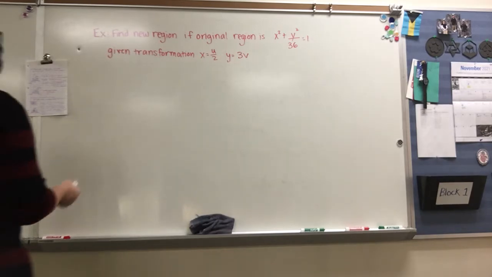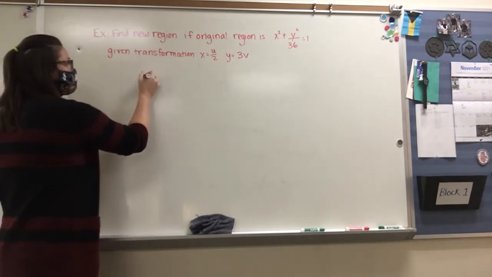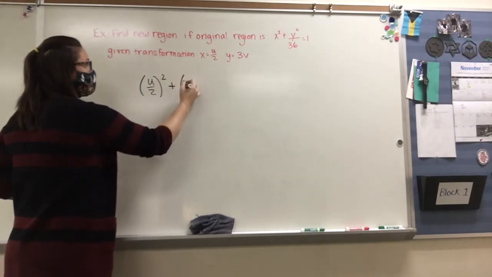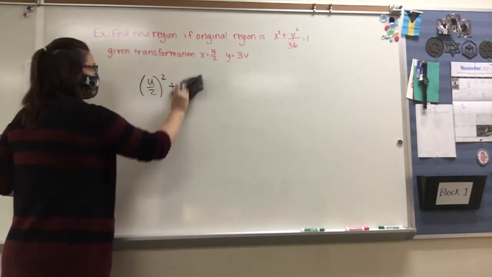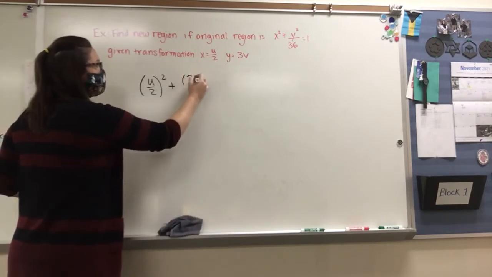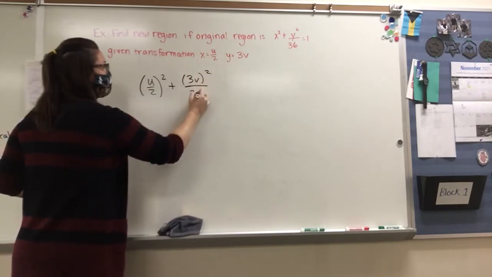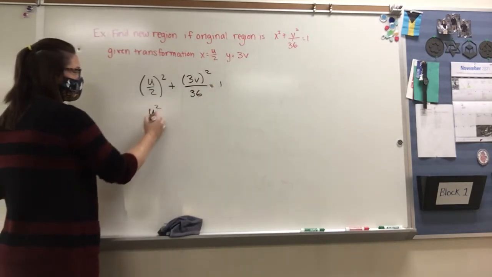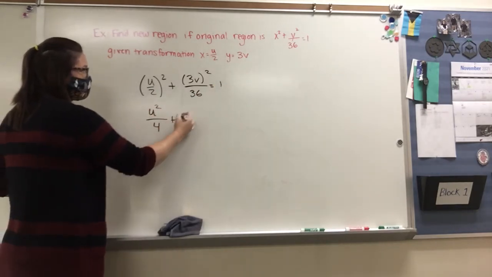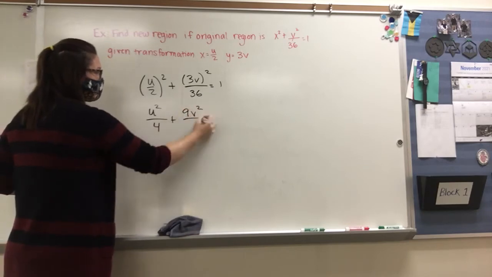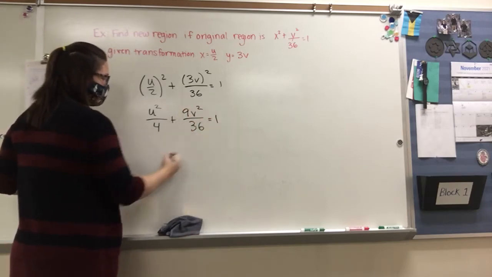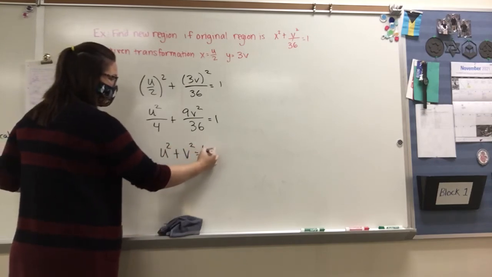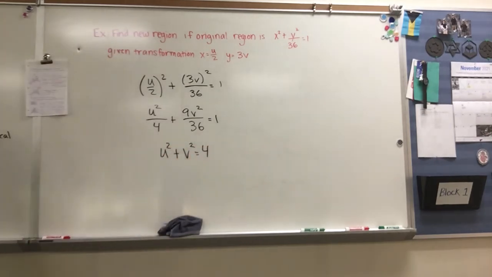So when you plug it in, we get some nice ones, which is a nice circle that we see. We get u squared plus v squared equals 4, right? So we've made ourselves a circle.